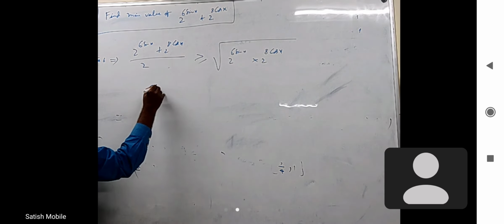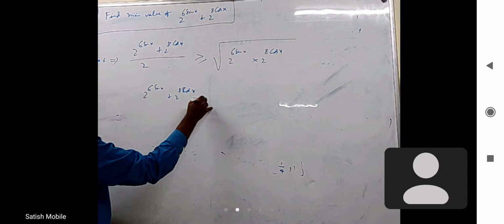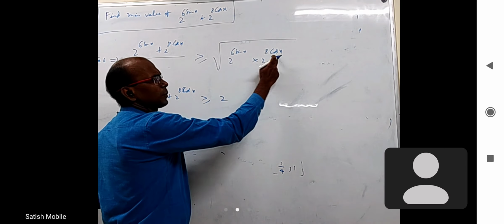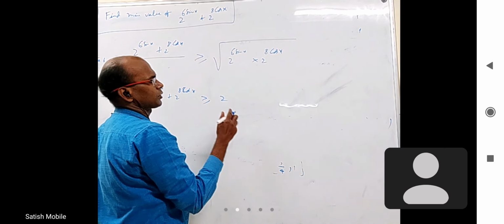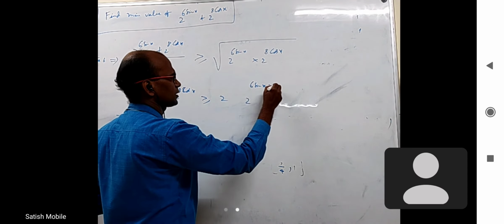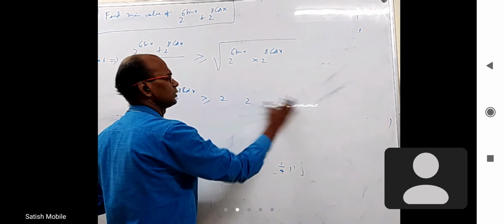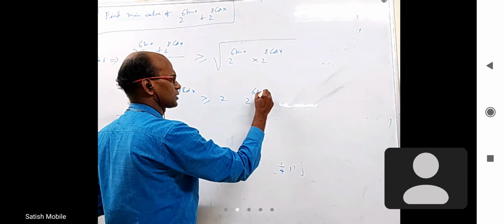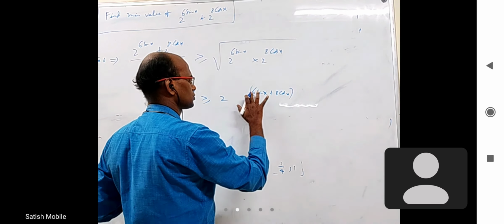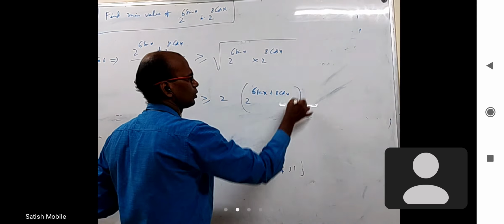2 power 6 sin x plus 2 power 8 cos x is greater than or equal to, this 2 will go here. When I multiply these two, I add the powers, and because of the square root, I have to get 1 by 2. So it will be 2 into (2 power 6 sin x plus 8 cos x) whole power 1 by 2.